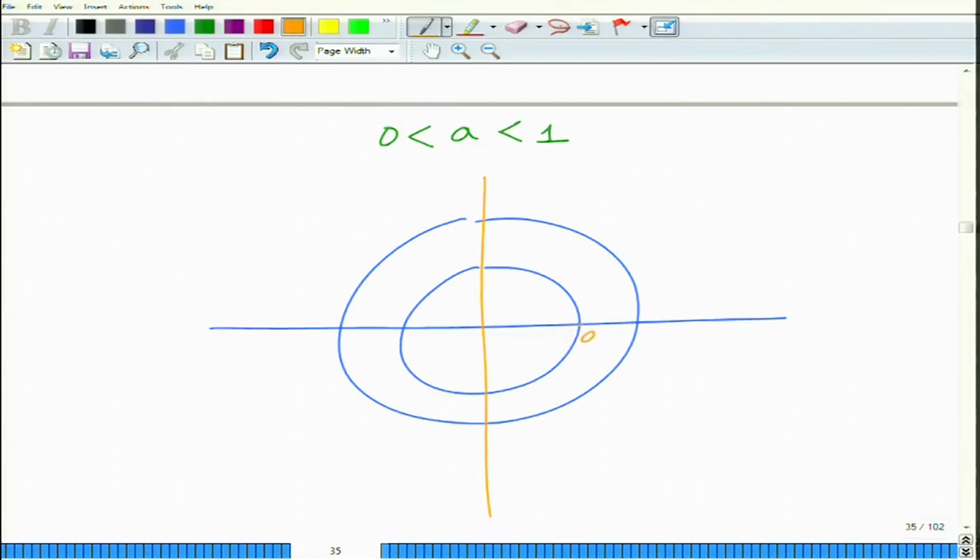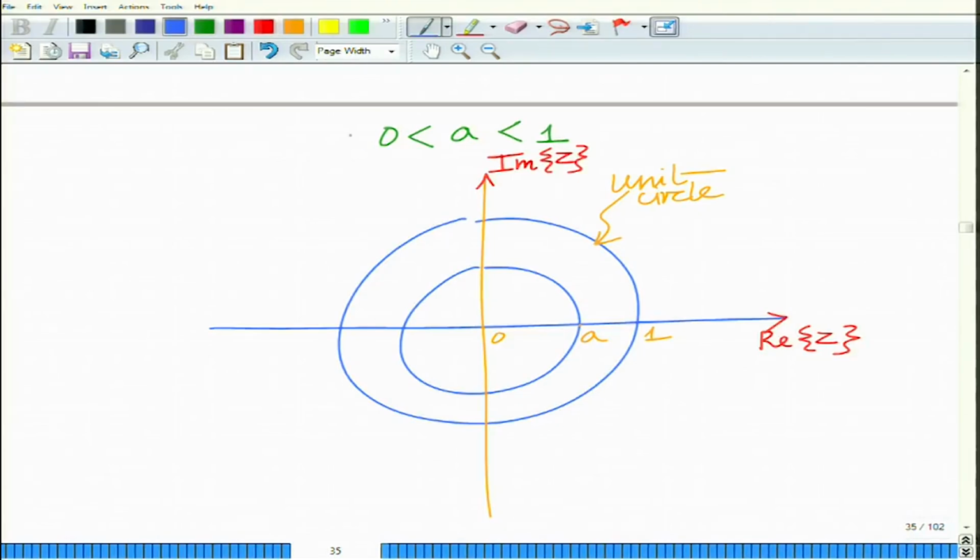So let us say this is a, and this is the unit circle, which represents quantities of magnitude 1, and this is 0. This is the z plane; you can think of this axis as the real part of z and this as the imaginary part of z.